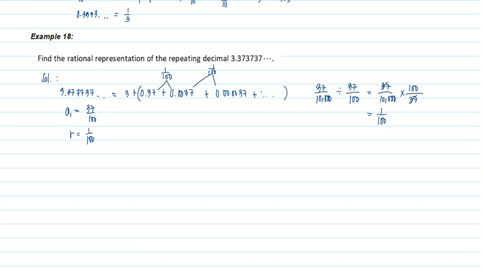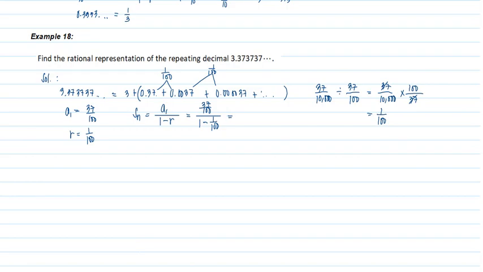And then since we just only need that, s sub n would be now equal to a sub 1 divided by 1 minus r. And then your a sub 1 there is just 37 over 100 divided by 1 minus 1 over 100.